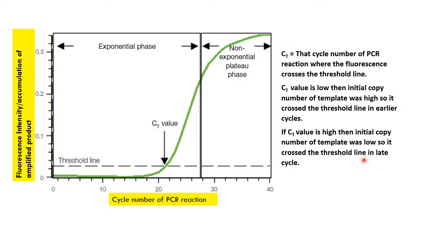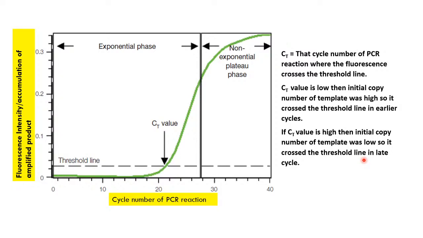So I will say the gene expression for the hexokinase gene in cell A is higher in comparison to the hexokinase gene in cell B. So less CT value means faster crossing of the threshold, meaning higher expression.